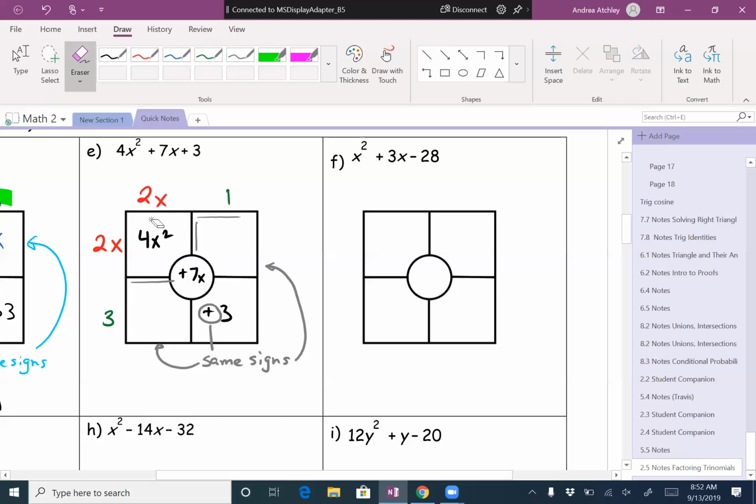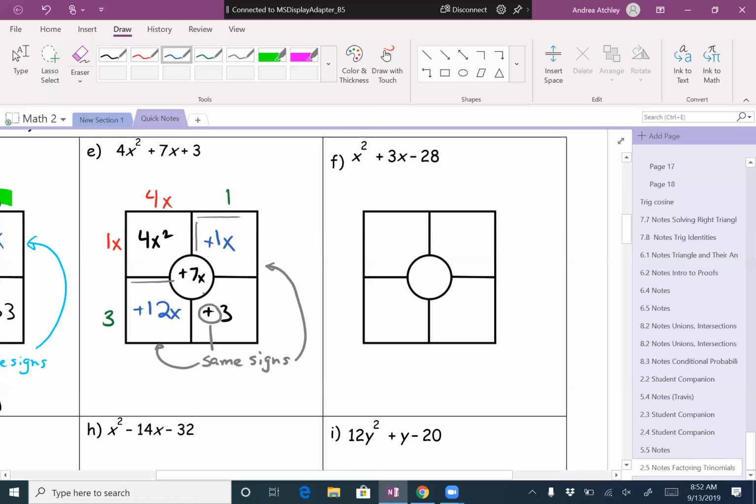Yeah. 4 and 1. 4x and 1x. So let's try that. And then we multiply. 1 times 1 is 1x. 4x times 3 is 12x. They're both positive. Will that give me 7?